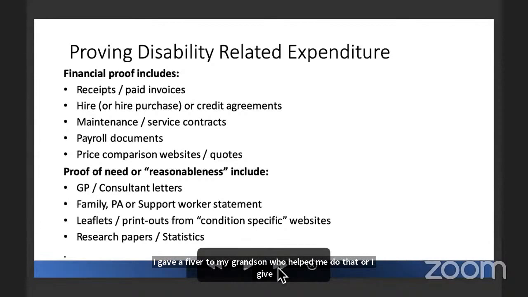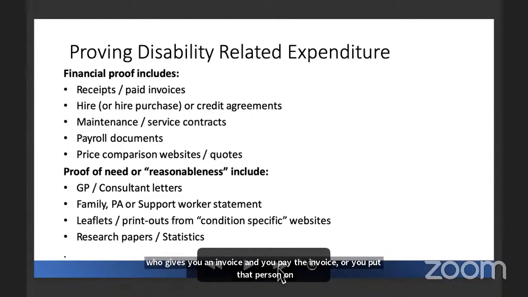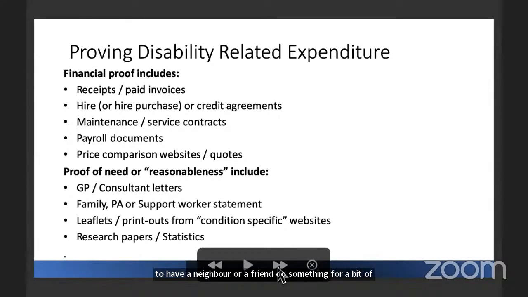Unfortunately, local authorities aren't allowed to support cash under the counter. So it has to be either someone who gives you an invoice and you pay the invoice, or you put that person on the payroll, which is a really unfortunate situation. But sometimes it's a lot easier to have a neighbour or a friend do something for a bit of a gift.